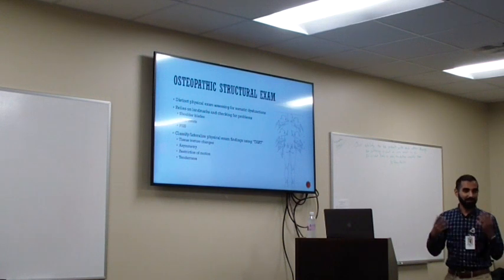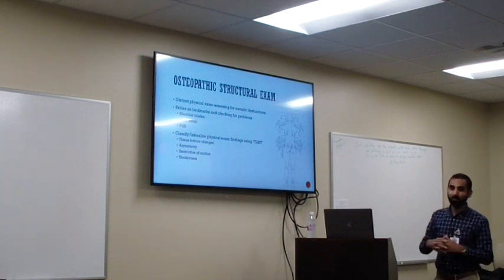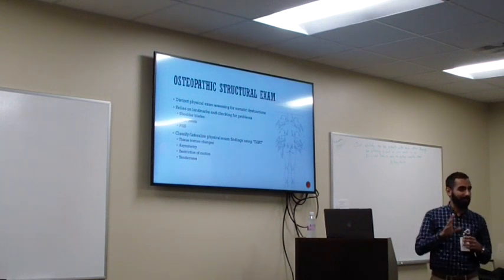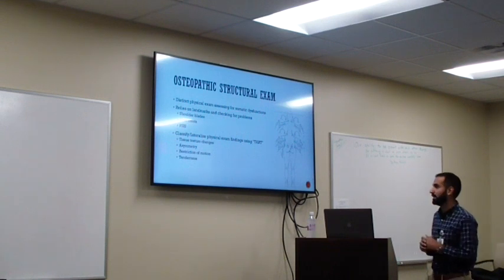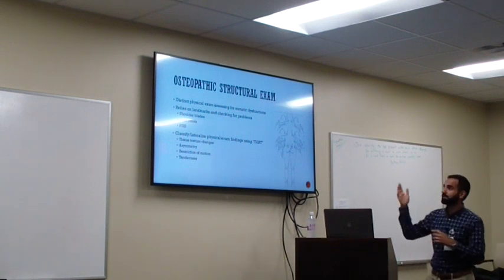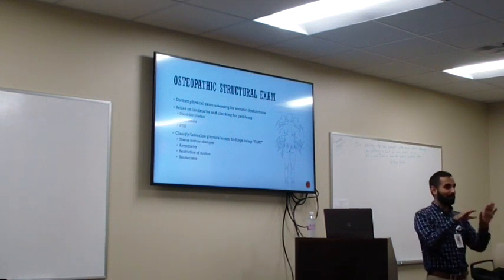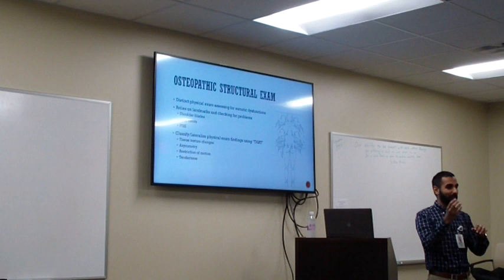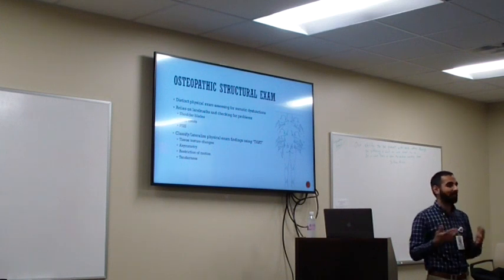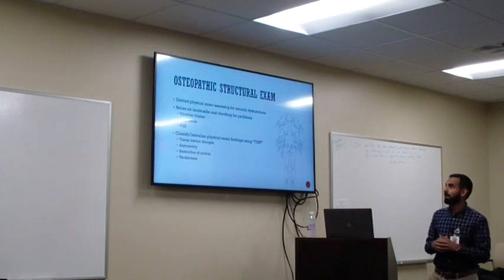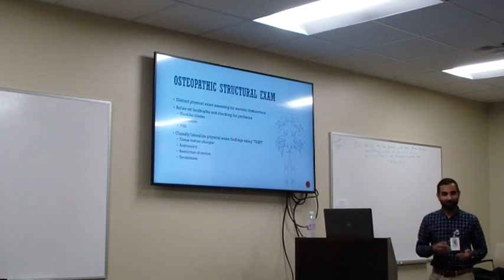If they have tenderness there, that's a dysfunction. If their range of motion is restricted in that particular joint, there's a dysfunction there. If there's tissue texture changes, so basically if you can feel a spasm, or they don't feel quite the same, one feels a little bit tighter or a knot, that's a somatic dysfunction. Any of these things, we call them somatic dysfunctions.